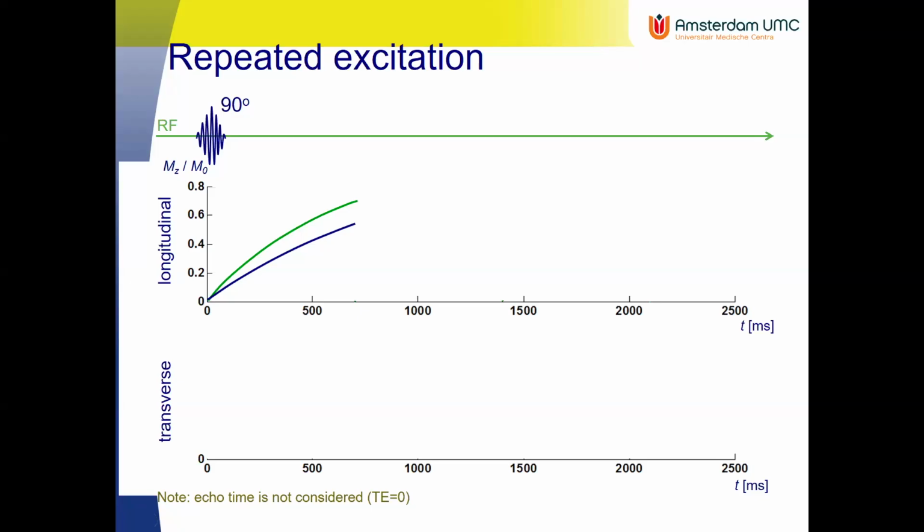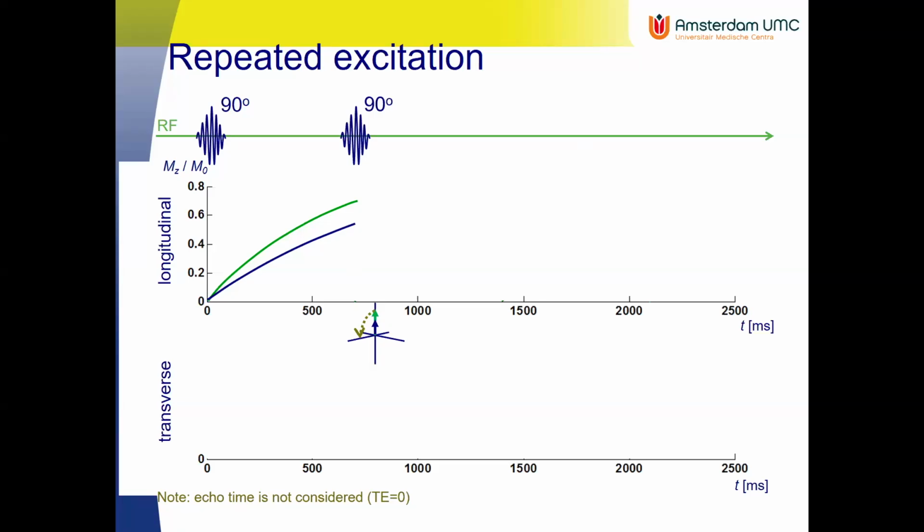And then here, this is the point in time where we say, okay, here comes the next 90 degrees excitation pulse. Let's put it there. And then we saw we have these vectors that have grown on the longitudinal axis, but we can't measure them.